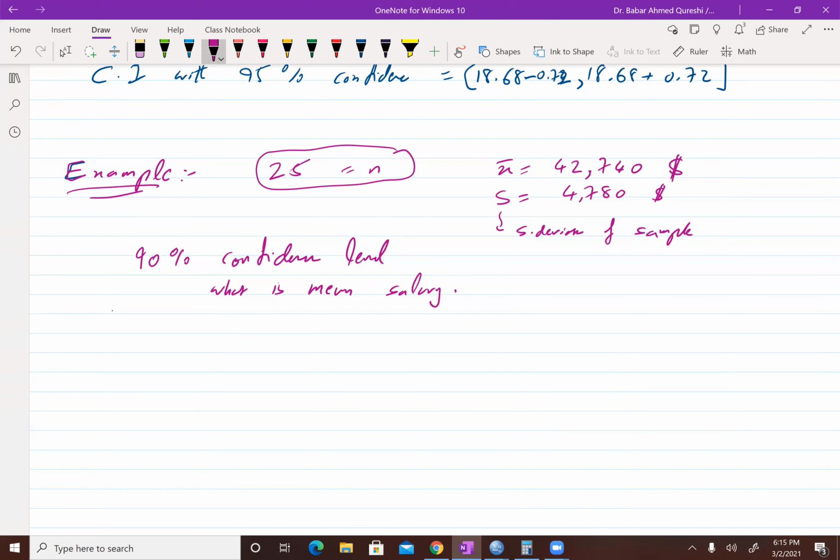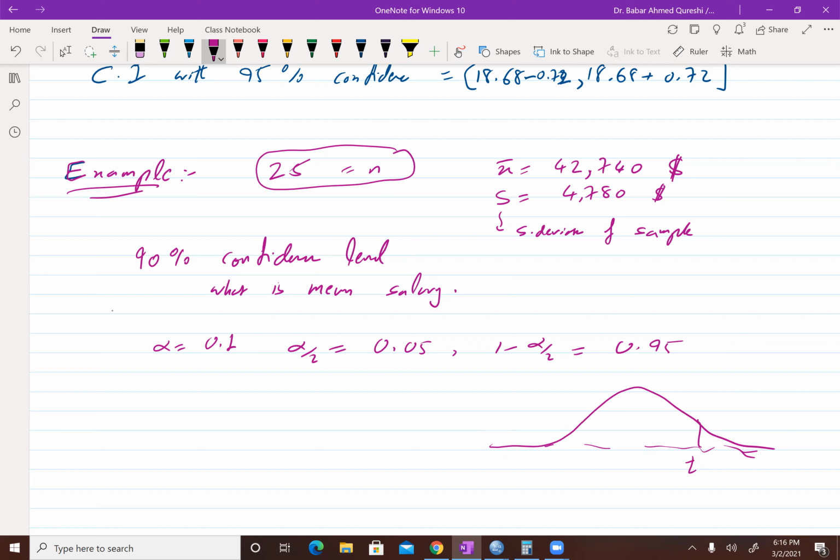So 90% means alpha is 0.1, alpha by 2 is 0.05, 1 minus alpha over 2 is 0.95. Here is some critical value. T in this case is going to be 24, and here is some critical value. So that this is alpha by 2, this area, because it's symmetric. This is also alpha by 2, so this becomes beta, which is your desired thing, 0.9.